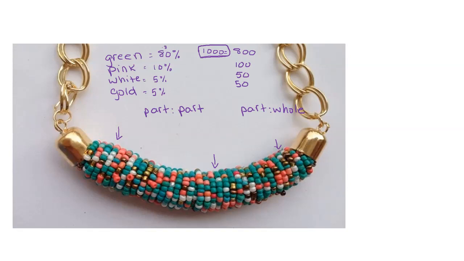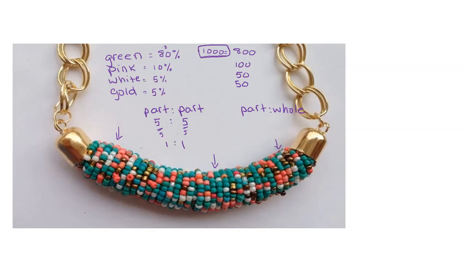Well, the white part says we're going to do 5%, and the gold part says 5%, so it's 5 to 5. We could reduce ratios just like we do fractions. What I do to this side, I must do to this side. So if I'm going to divide by 5 on both sides, I end up with a ratio of 1 to 1.